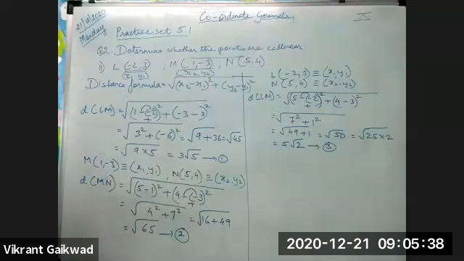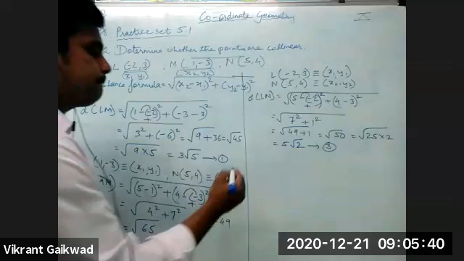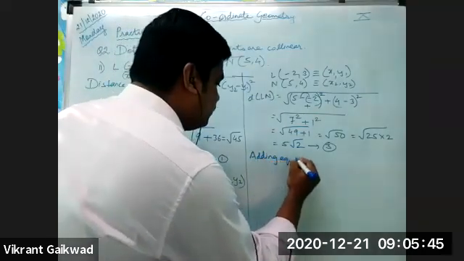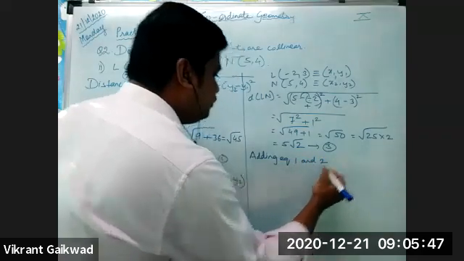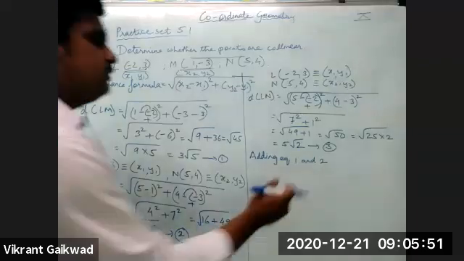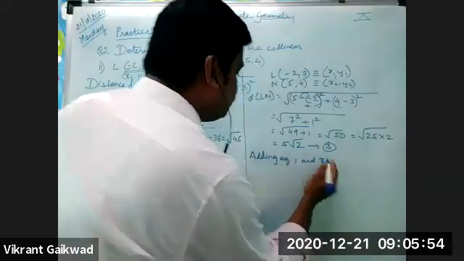See, if you add equation 1 and 2, or say instead of 1 and 2, what we'll do is we'll add these root numbers together.